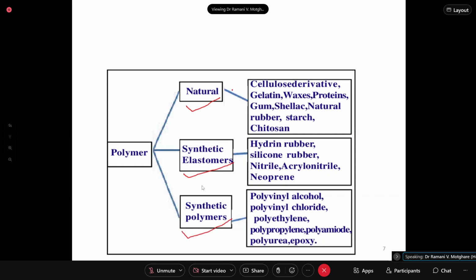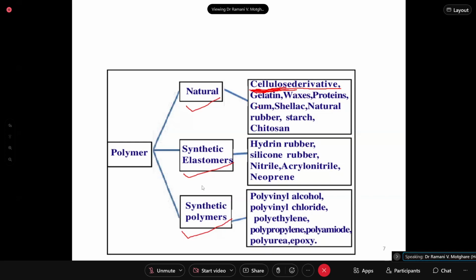Now, natural polymers are like your cellulose derivatives. You must have seen cotton growing on a cotton plant. The cotton balls, when they mature, are white cotton, a cellulose-rich material, and everyone of you has seen the cotton fiber. Every fiber is a polymer of cellulose, and that is how cotton is a natural fiber.